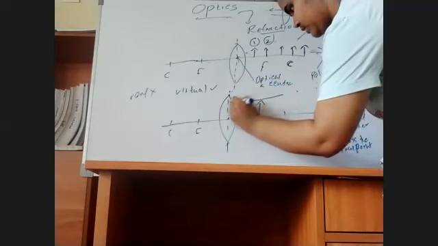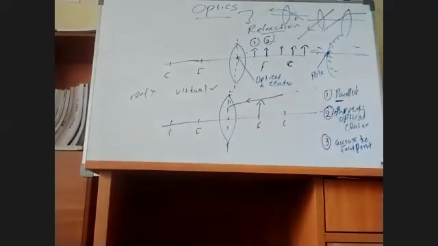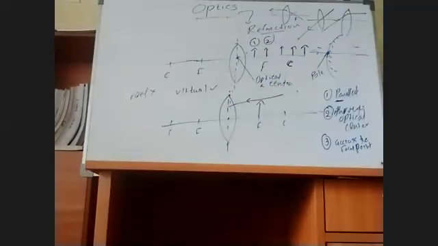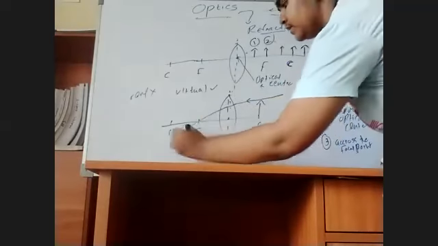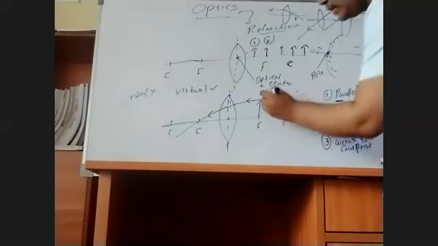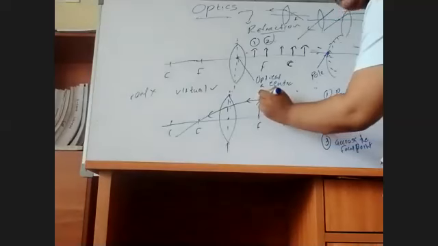Yes, parallel to the principal axis. Then it should pass across the focal length according to the lens principles. Okay, it deflects and passes across the focal length. Then a ray should pass through the optical center, the second step. Then it should touch the tip of the object.